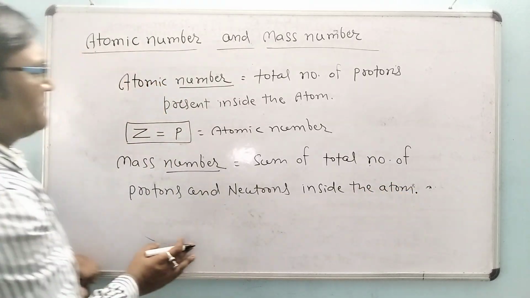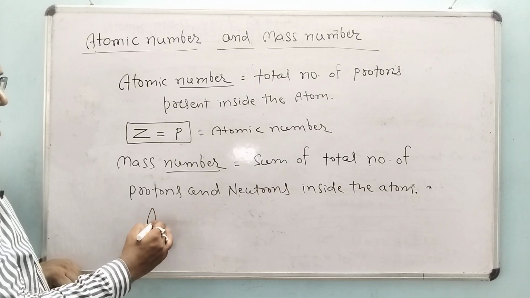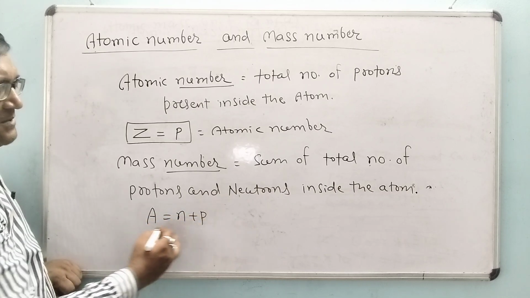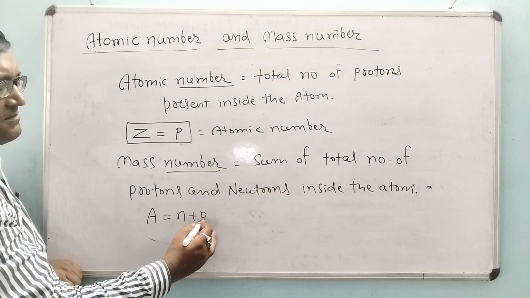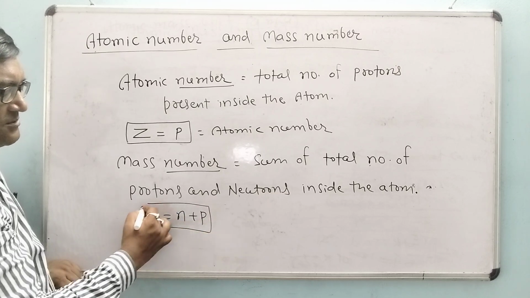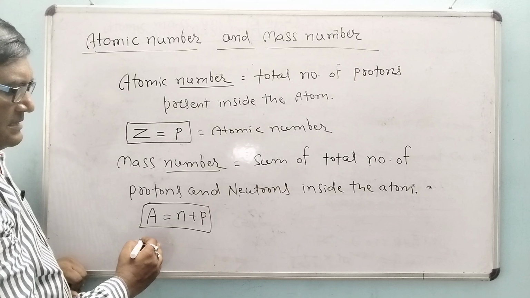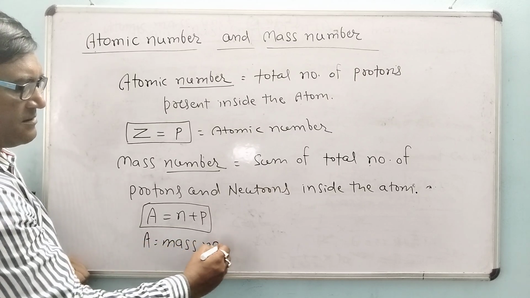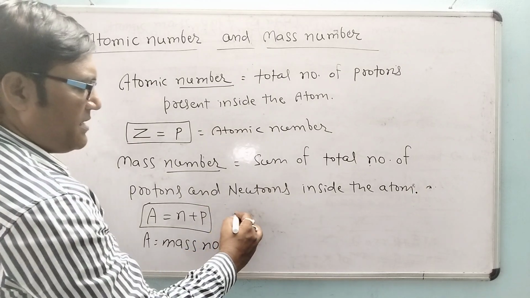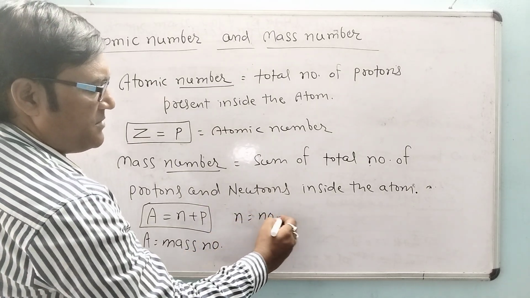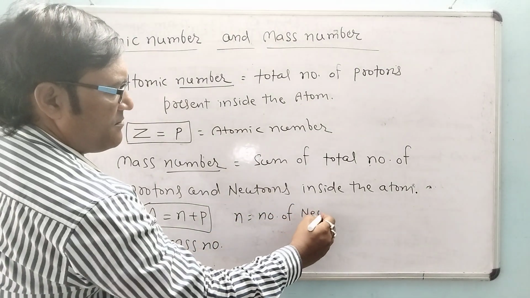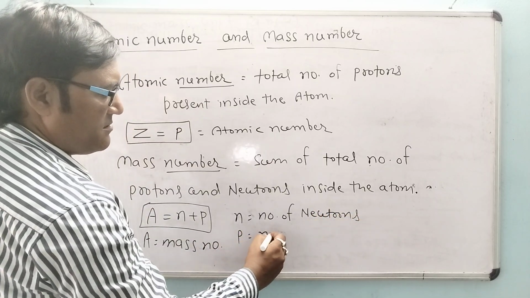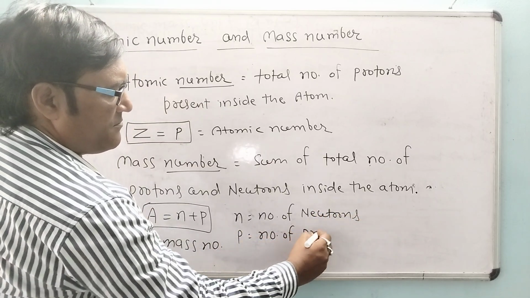Mass number is denoted by capital A. A is equal to N plus P, which means number of neutrons plus number of protons. Here A is the mass number of the atom, N is the number of neutrons, P is the number of protons.